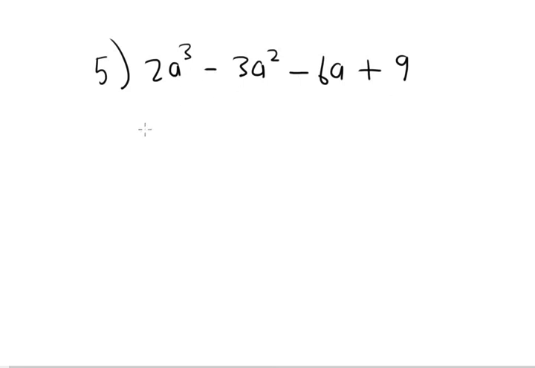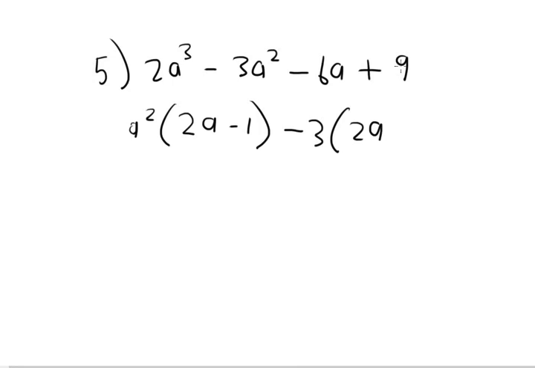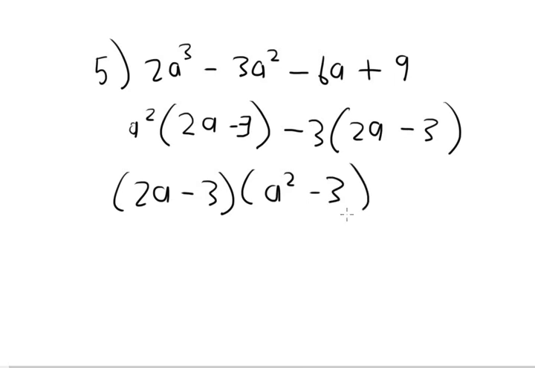So in this case I could take these two out and say, okay, a squared is my common factor there, and I'm left with 2a minus 3, and over here I can take out minus 3 as a common factor, and I'm left with 2a, apologies, this is 3 divided by, so that's supposed to be a 3 over there, and over here that's going to be minus 3. So that means that my highest common factor is 2a minus 3, and I'm left with a squared minus 3, and that's my answer.